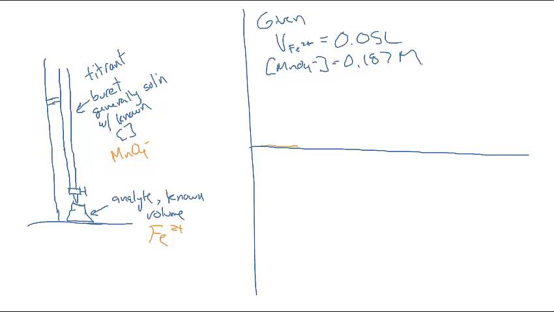And so you run the titration. You find that the change in volume for MnO4 minus is 12 milliliters. I should have done the math before. So what is your Fe2+ concentration? Try it. See if you can get it.